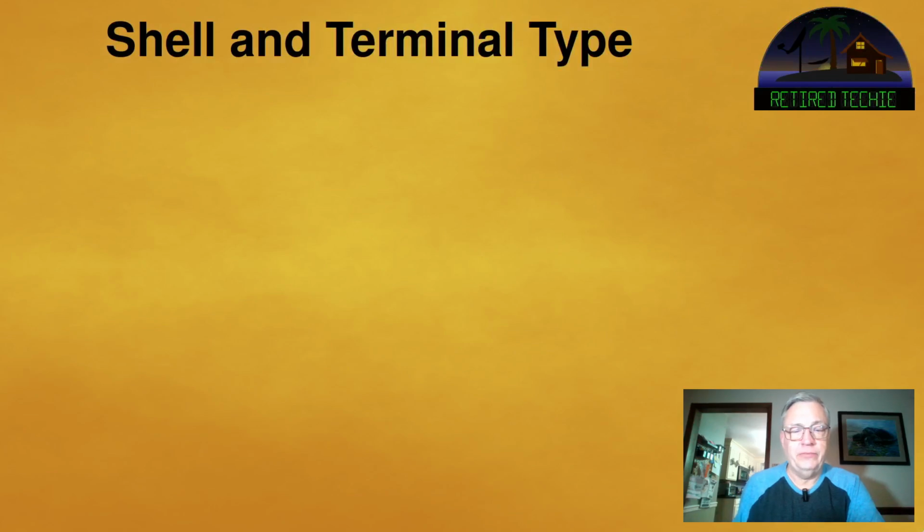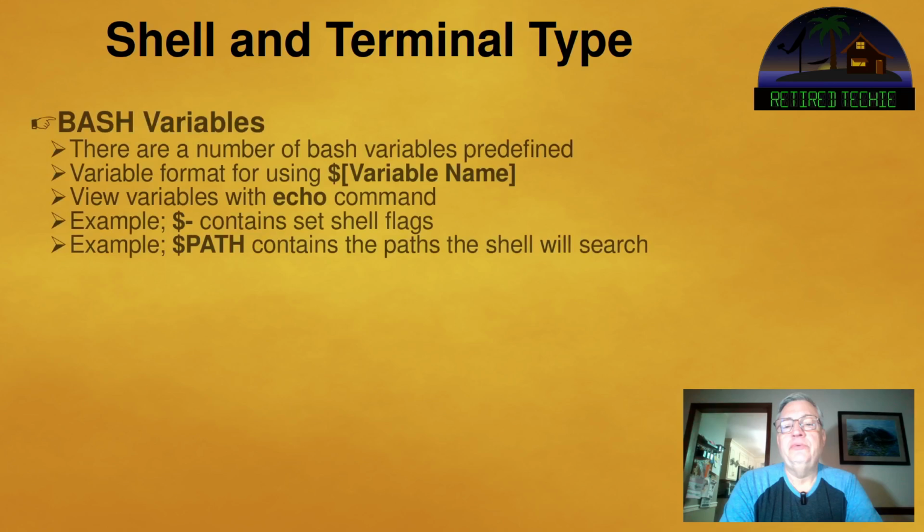Anyway, onward. Before doing any configuration, we need to determine some information about our terminal. Let's take a look at some of the terminal shell variables that you will want to be familiar with. The first one we want to look at is $-. Your terminal or shell variables will all start with the $, and then whatever comes after that is the name.